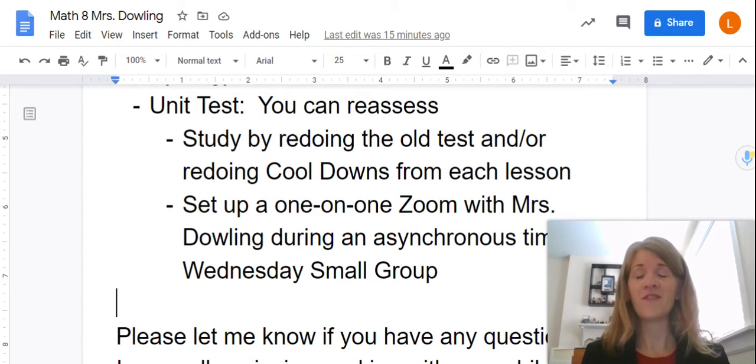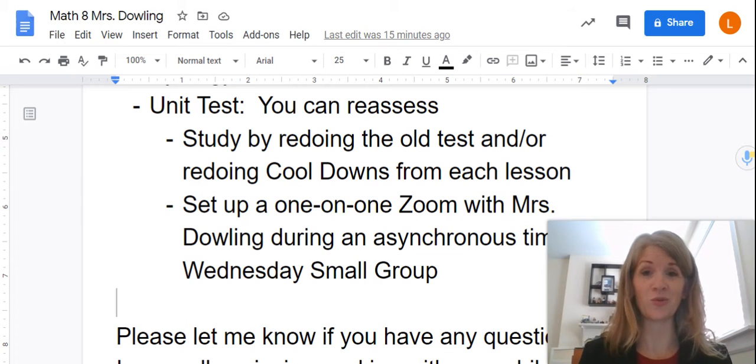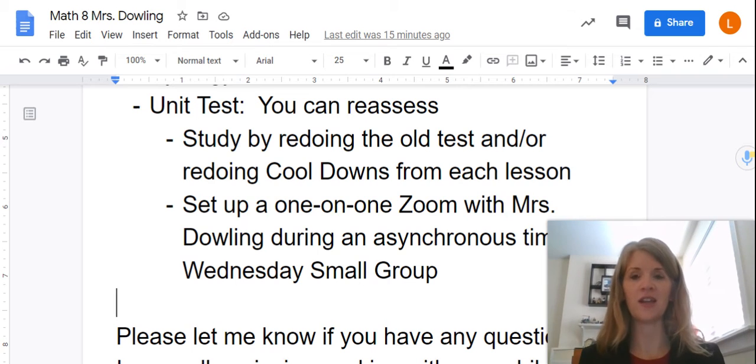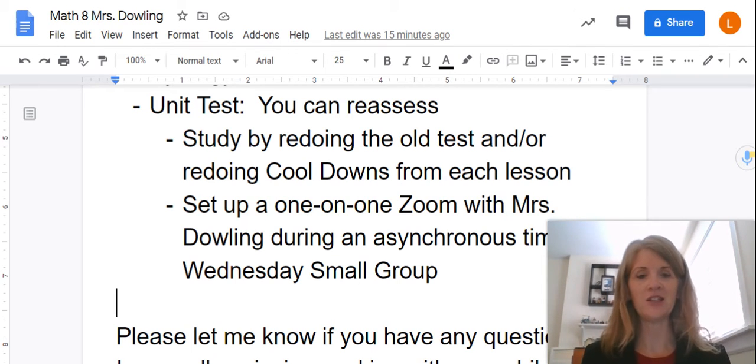So if there's a test that a child wants to redo, they need to study before they redo that test. They can study by looking at the old test and redoing it, or they could look at each cool down from each lesson that we did. That's also a way I told them to study for the next test. Always look at your old cool downs.